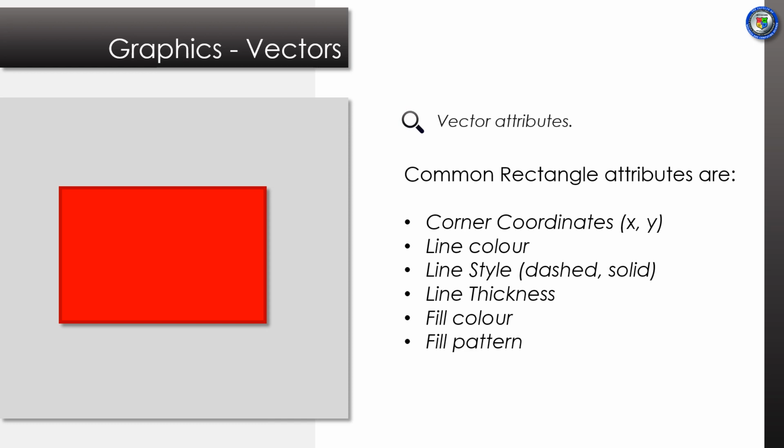The rectangle would have attributes such as coordinate points for the corners of the rectangle, a line colour, a line style, is it a solid line or a dashed line, line thickness, a fill colour, and perhaps a fill pattern.